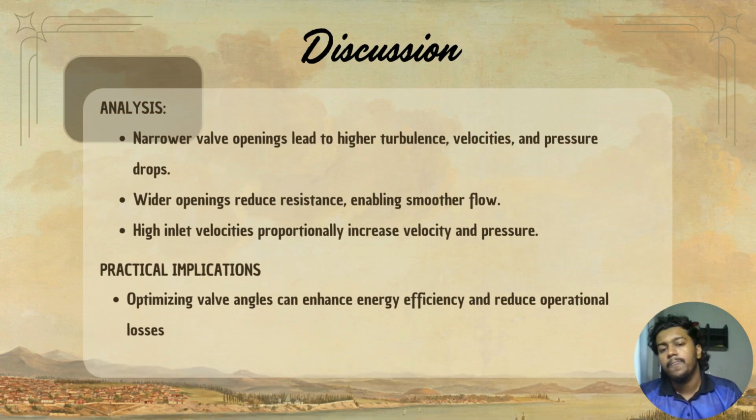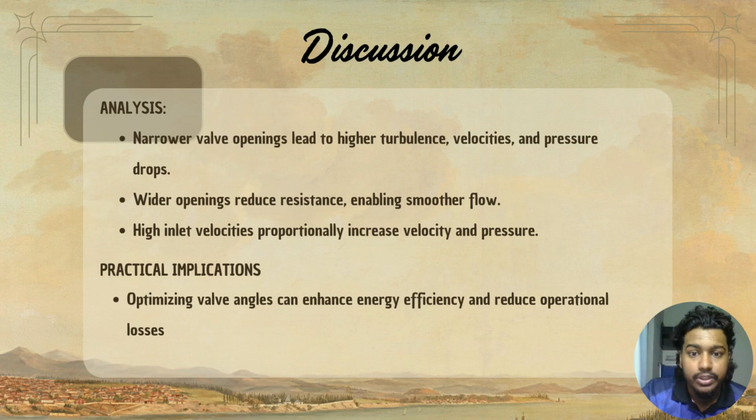Now let us move on to the discussion. Let's interpret these results. Narrower valve openings act like bottlenecks. They create higher turbulence, increased velocity, and large pressure drops. On the other hand, wider openings reduce resistance, allowing smoother and more efficient flow.